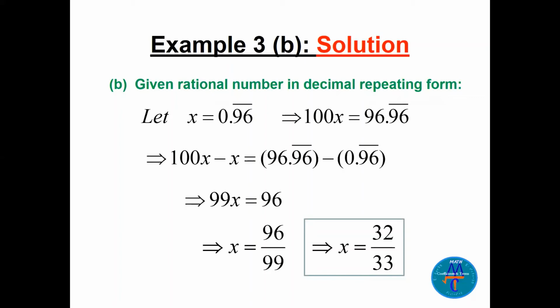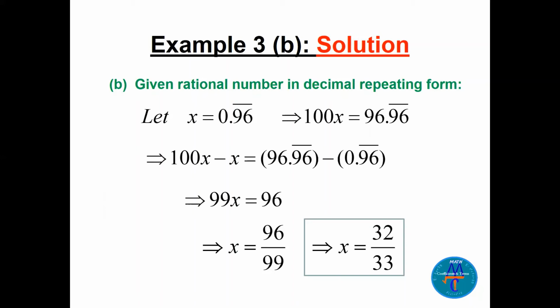I do the same thing, I subtract the second equation minus the first equation. So 100x minus x will be 96.96 dash minus 0.96 dash. See, the repeated part will cancel. So I have 99x is equal to 96. So x will be 96 over 99 divided by 3. You get 32 over 33.